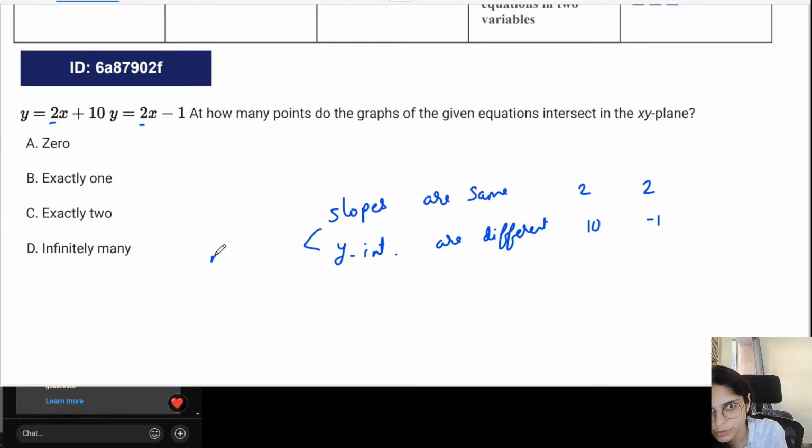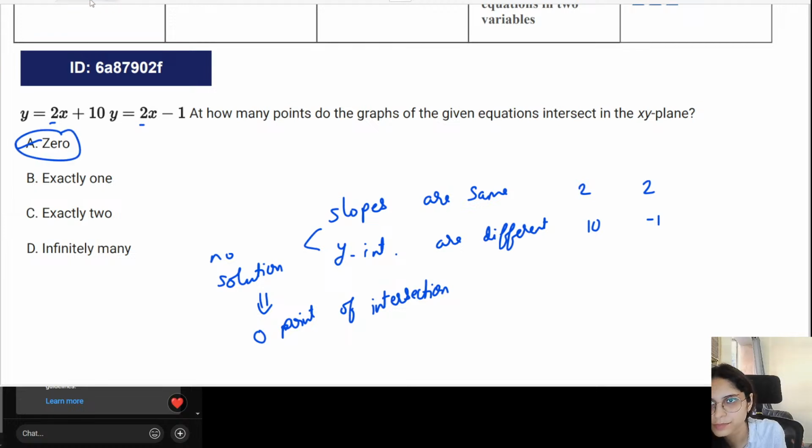This corresponds to no solution. And no solution means 0 points of intersection, because the lines are going to be parallel. So for no solution, slopes are same, y-intercepts are different. For infinitely many solutions, everything is same. For one solution, slopes are different.